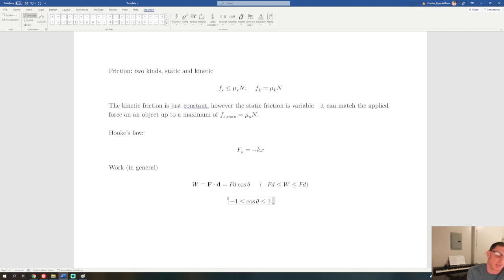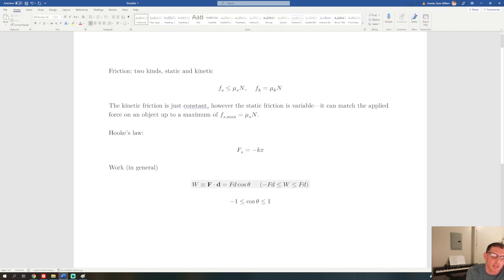So for a given constant force and a given displacement, you should never get something that is less than -F D or larger than +F D. It's just a math thing.